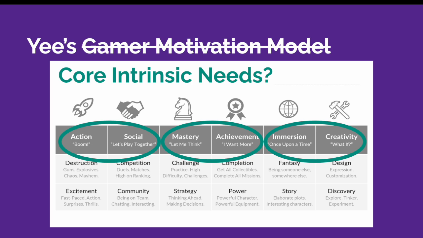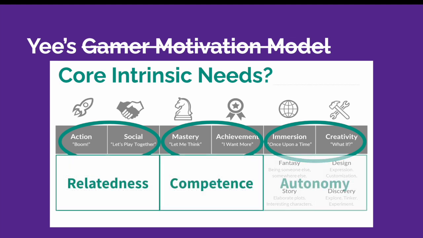I think it is worth observing that he's trying to look at the deeper underlying needs and drives of a gamer population. And what he seems to have reverse engineered in his specific context of study is the core needs of self-determination theory, intrinsic motivation, of relatedness, competence, and autonomy.